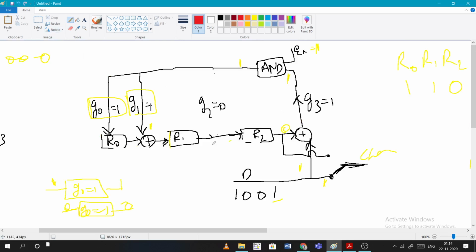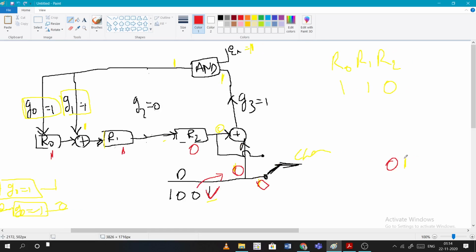So what are the values now? 1 1 0. Now if I try to send 0, because this is over, already completed. Now I will try to send 0. It is 0, here also 0, here also it will be 0. Okay, so already 1 0. This 0 will be here. So what is the value waiting at this line? That is 0, right? So 0 XOR 0, that is 0.